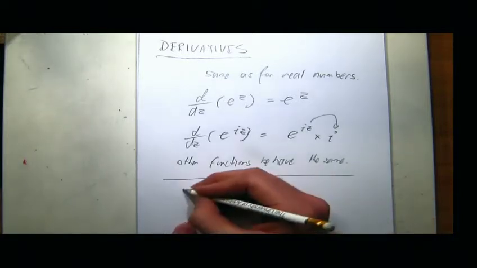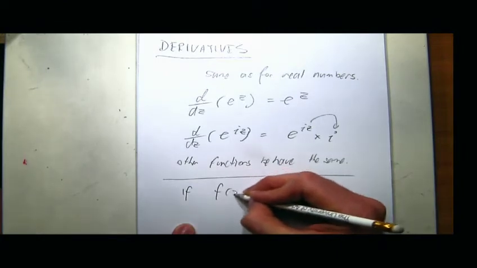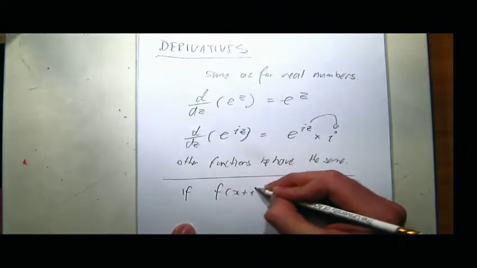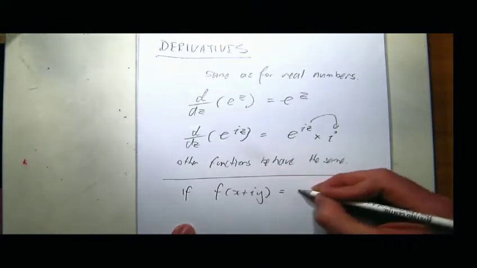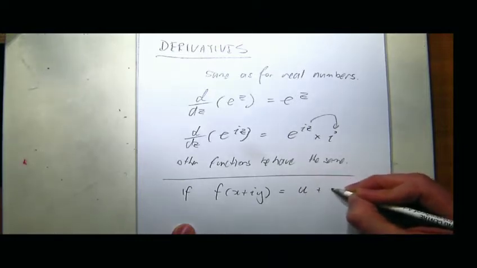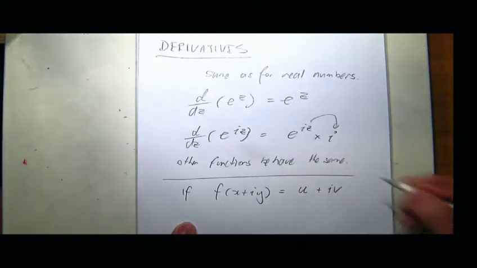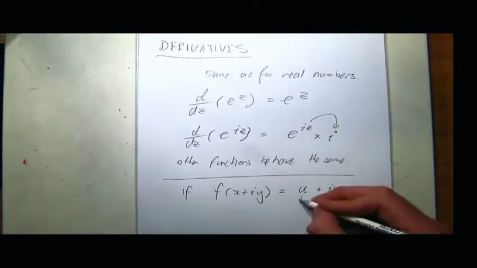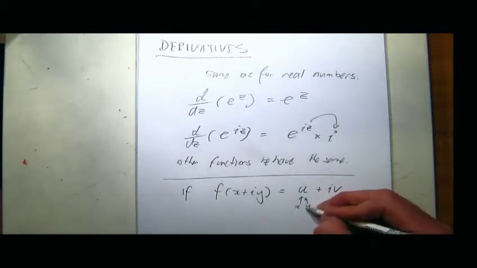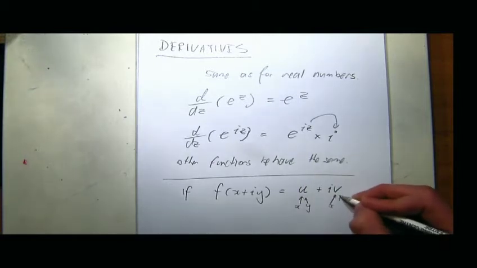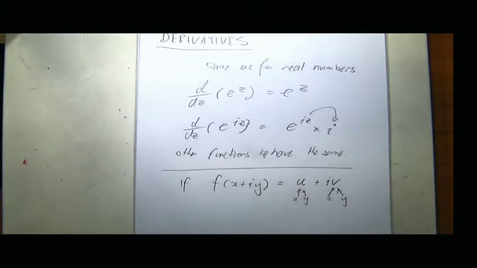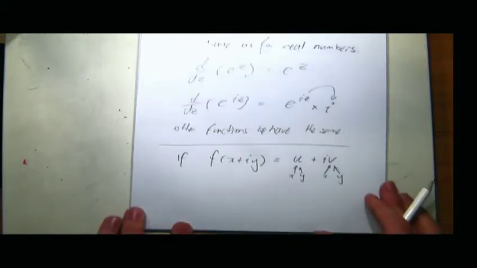So if f of x plus iy is defined as u plus iv, where u and v are functions of x and y, then you tell if it's differentiable by using the Cauchy-Riemann equations.